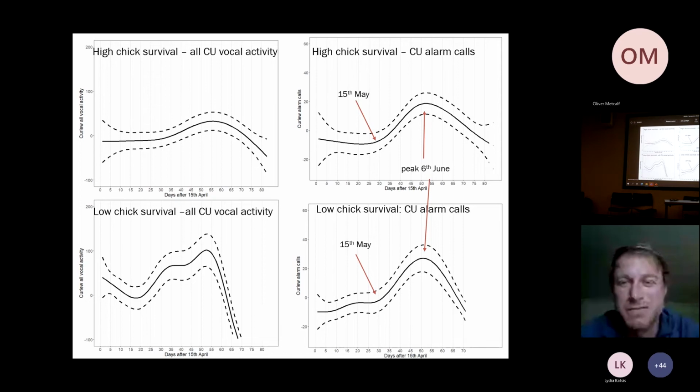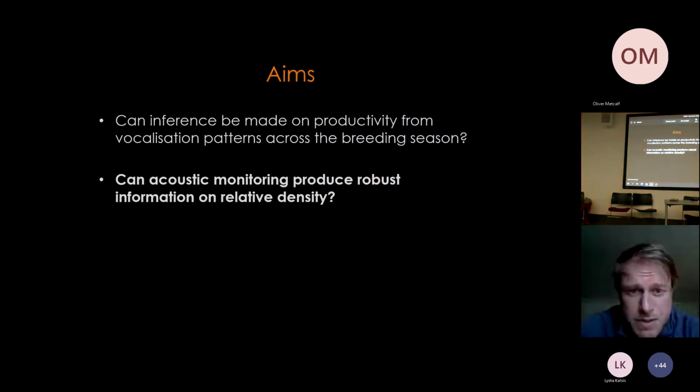But this is probably confounded by the effect of relaying, so when birds lose eggs, they'll relay, and you'll have further breeding attempts. But certainly across all of the vocal activity, you can see that you get a different vocalization pattern at high productivity sites compared to low productivity sites. So that gives us some information.